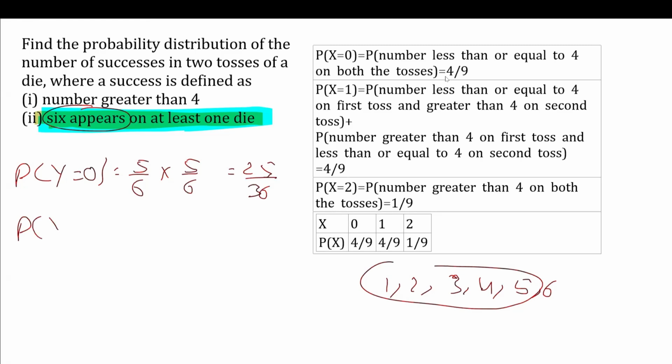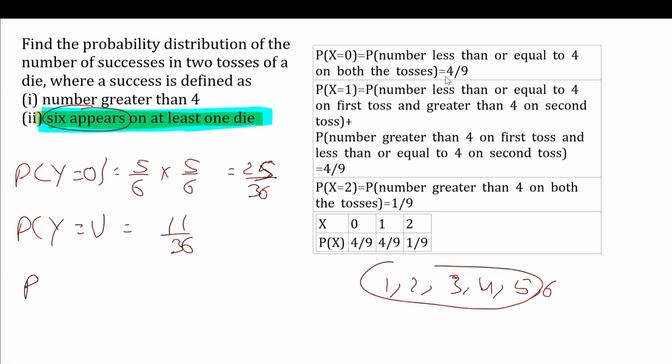And when we write P(Y = 1), 6 appears on at least one die. The previous case is when 6 does not appear on any of the dice, and this is the case where 6 appears at least once. At least one means 1 minus none. So 1 minus 25 over 36 is 11 over 36.